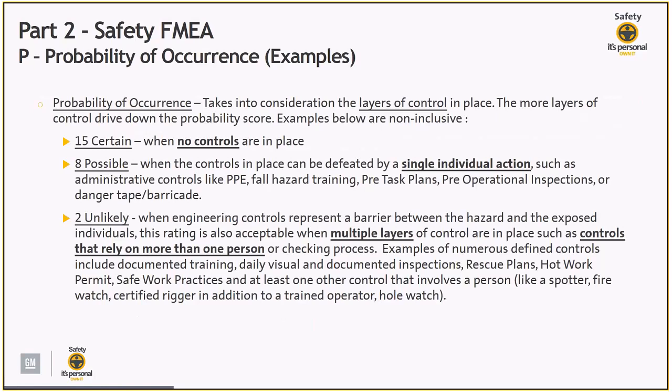Examples of numerous defined controls include documented training, daily visual and documented inspections, rescue plans, hot work permit, safe work practices, at least one other control that involves a person, like a spotter, fire watch, certified rigger, in addition to a trained operator, a hole watch. So keep in mind, we're looking at engineering controls and multiple layers when you can use the number 2 for probability of occurrence. You, meaning the contractor, can use the number 2.